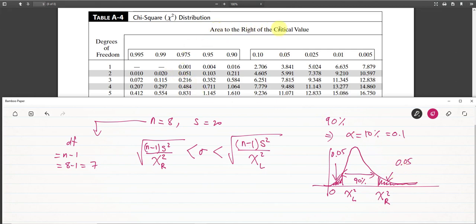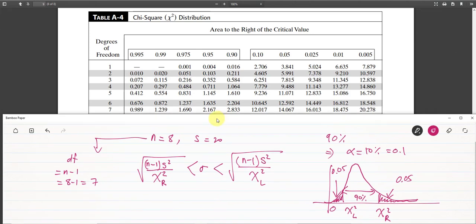So this is the area to the right of that critical value. 0.05 is here, and the degree of freedom is 7, so that's going to be 14.067. So chi-square of the right, the critical value, is 14.067.